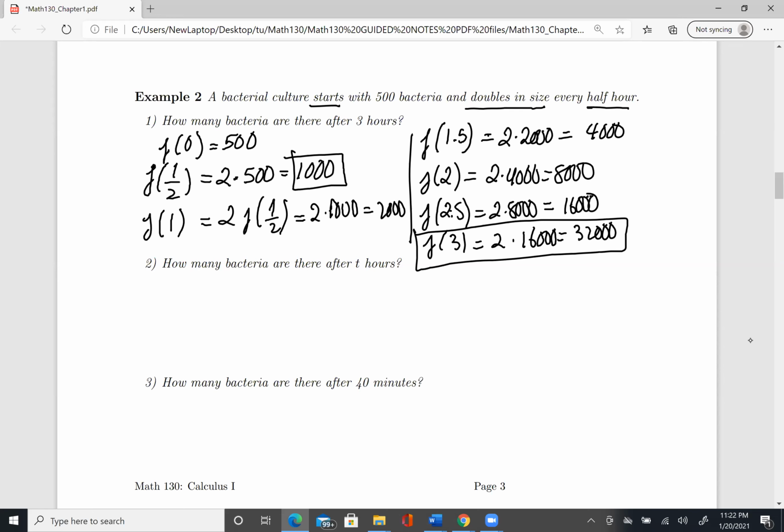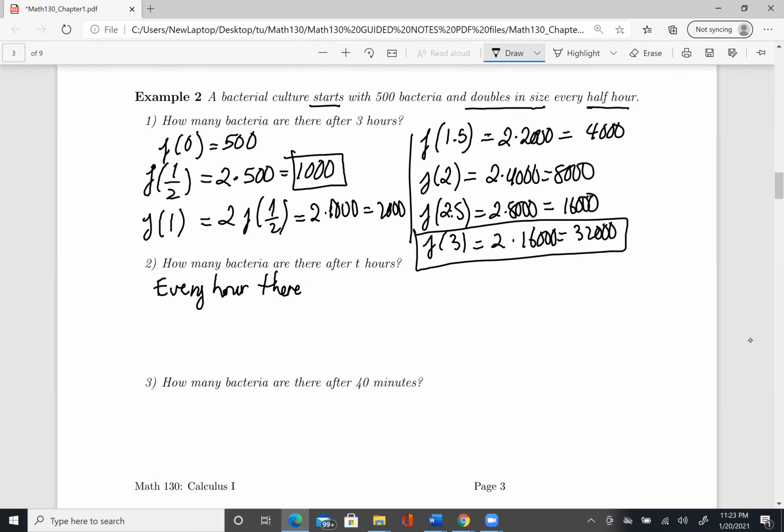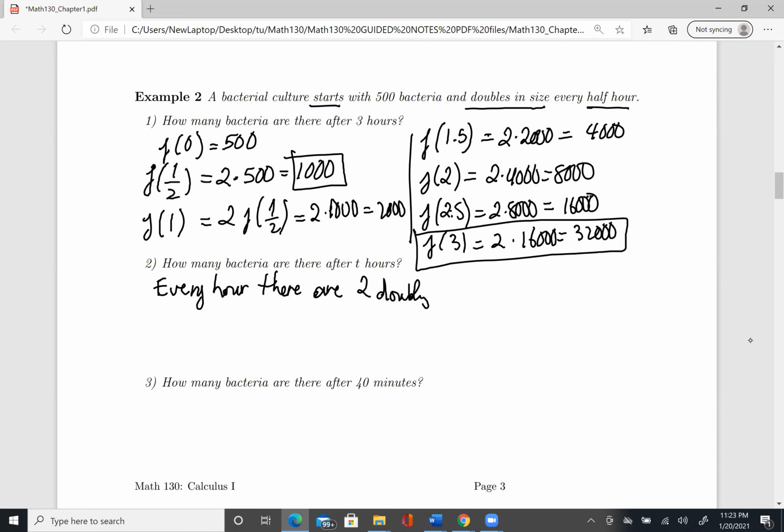All right, so how many bacteria are there after 3 hours? According to the previous problem, you can see that every hour there are two doubling periods.